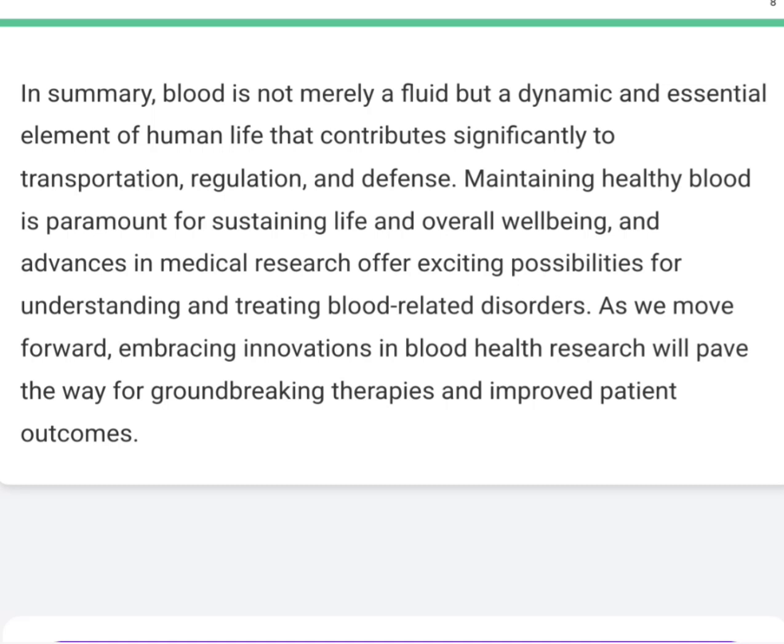As we move forward, embracing innovations in blood health research will pave the way for groundbreaking therapies and improved patient outcomes.